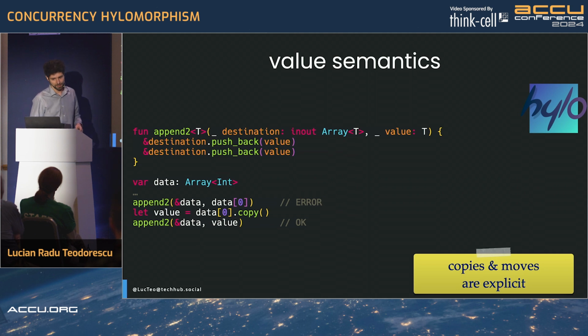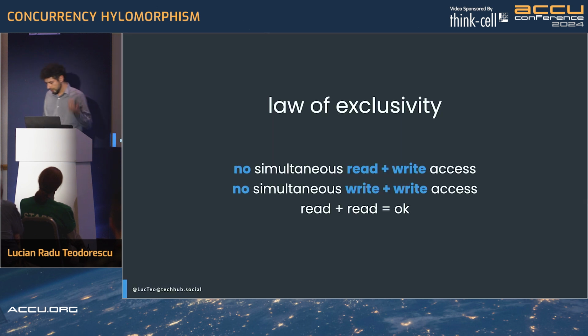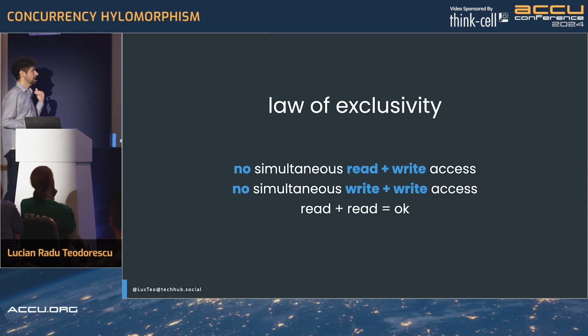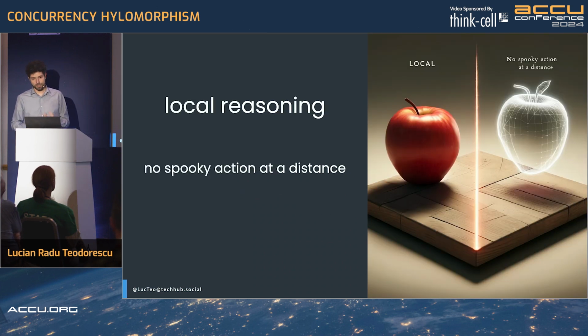At the heart of this example is the law of exclusivity. That is, it doesn't allow you to have simultaneous read and write access for a variable. Also, you can't have write and write access. Everything that you can have is read and read access, right? Or, of course, you can have either one read or one write. And that restriction gives you a huge power because it allows local reasoning.